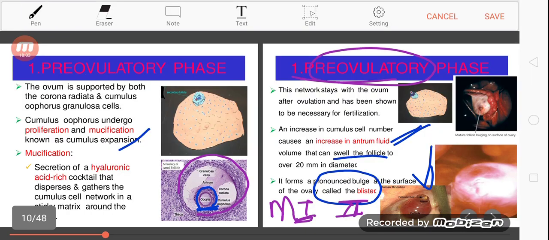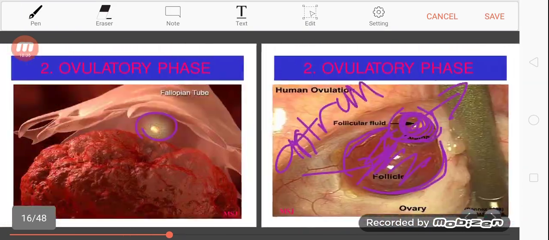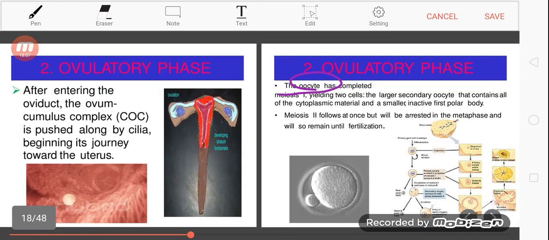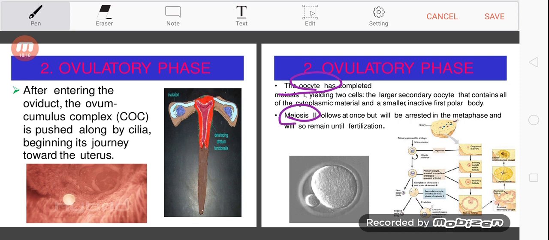During the ovulatory phase, the oocyte has already finished meiotic division 1 and initiated meiotic division 2, arrested at metaphase 2.